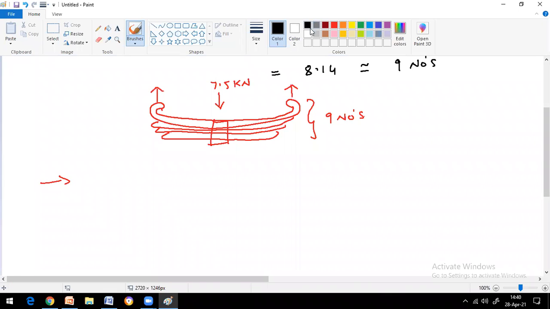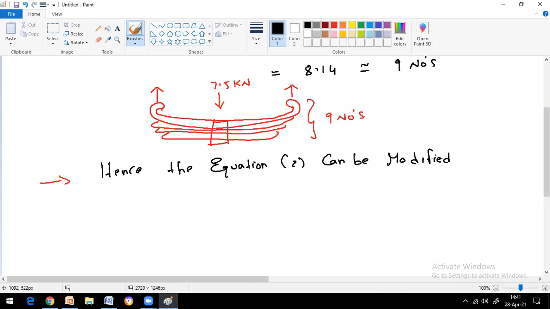After calculating the number of plates, equation 2 can be modified. Why should equation 2 be modified? Why is the bending stress to be calculated again? In the problem, bending stress was given.